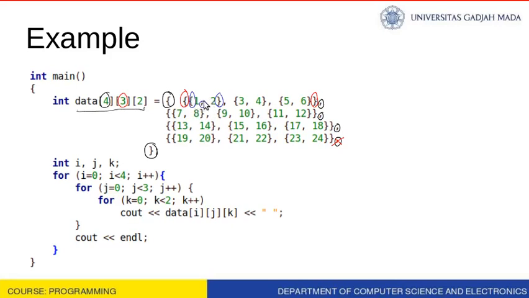So it means that there are 2 elements. So the size of the last dimension is 2. This is how you declare a three-dimensional array with its elements. And then to access it, you just indicate the first index, and then the second index, and then the third index. That's it.